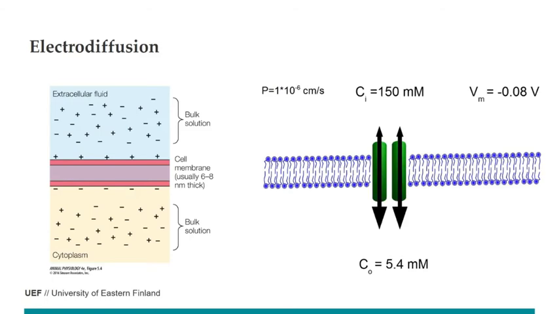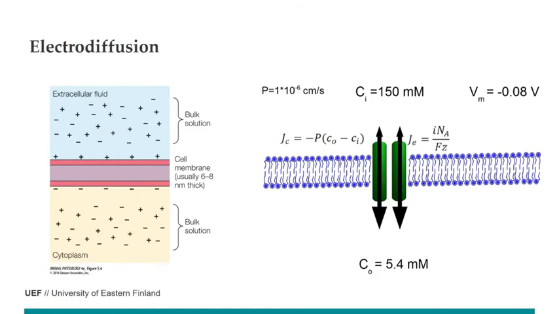And that's why now if we have a pore that is permeable for ions, for example, then we have a concentration difference from 150 to 50 millimolar. So we know that we can calculate how much the flux could be in these cases.